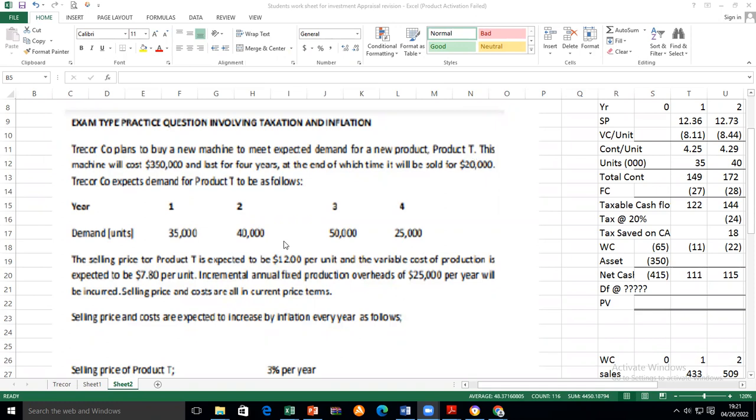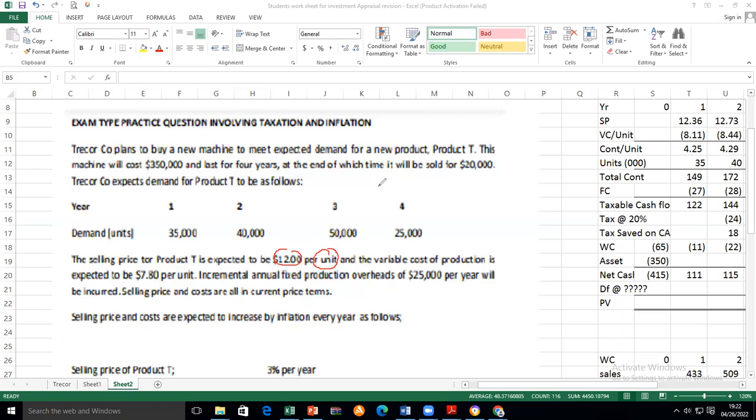So we start with the selling price. The selling price, they say, as at today, is 12. Using today's prices is 12 the unit.